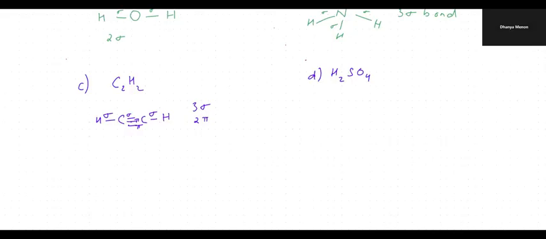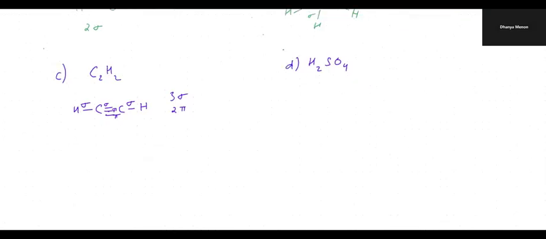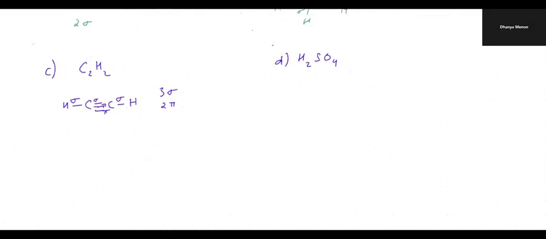Okay. Sulfuric acid, we drew the structure while we were doing the Lewis dot structure. I have sulfur as the central atom, bonded to 4 oxygen atoms. Okay. And H is bonded to 2 oxygen atoms.